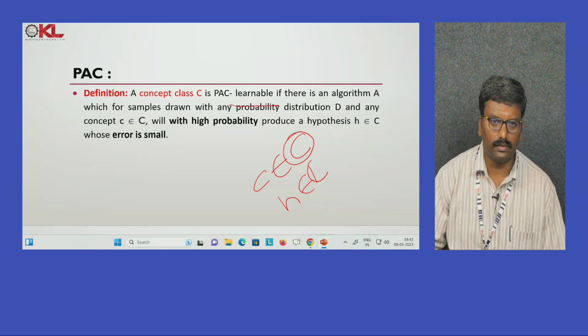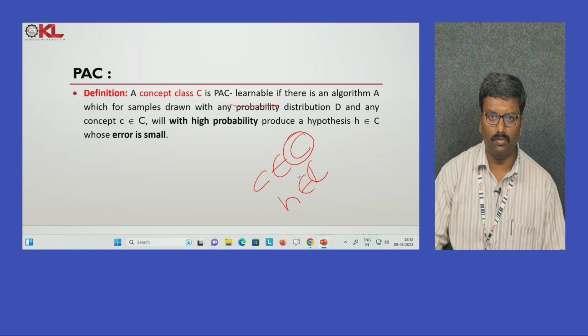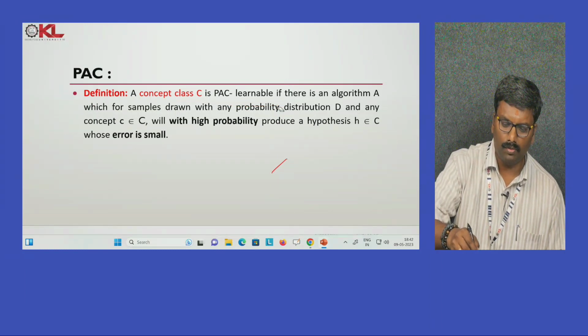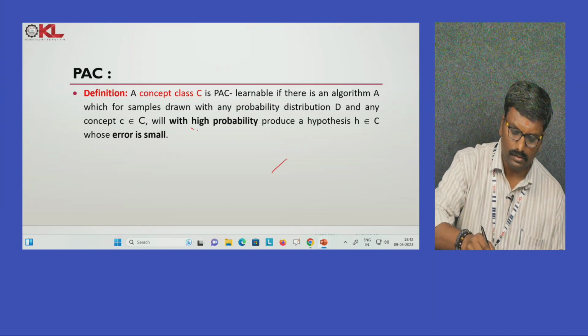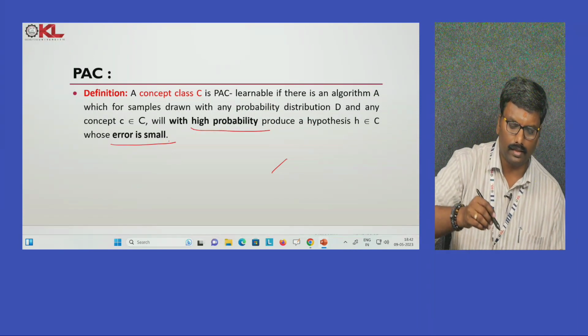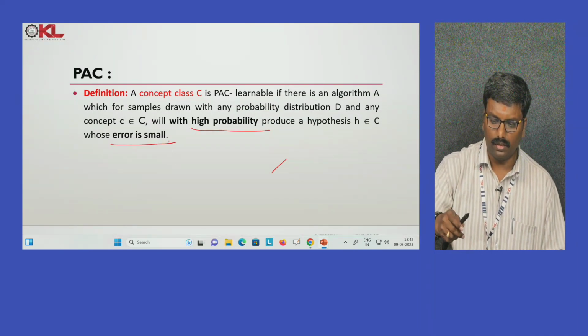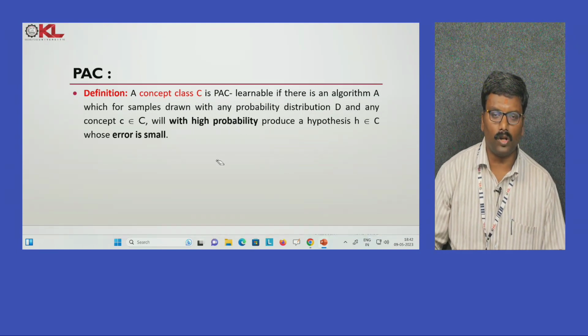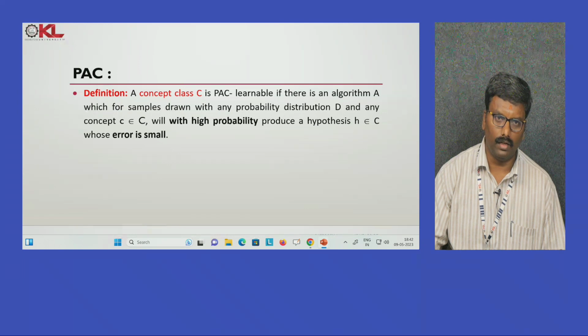Based on this definition, high probability and less error or small error is the main view of probably approximately correct learning.